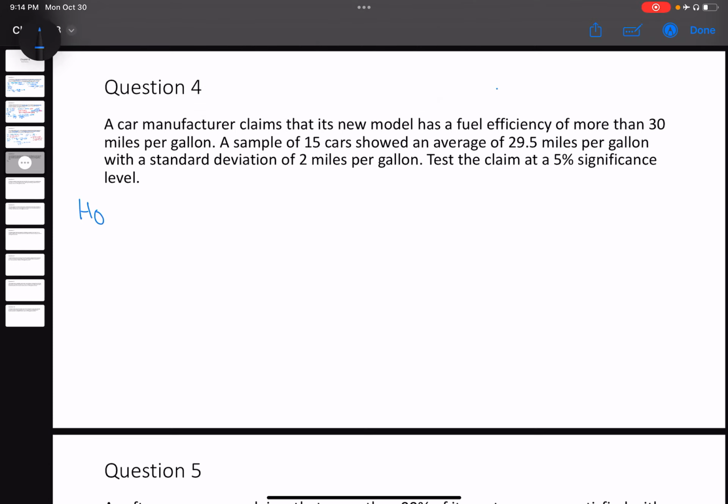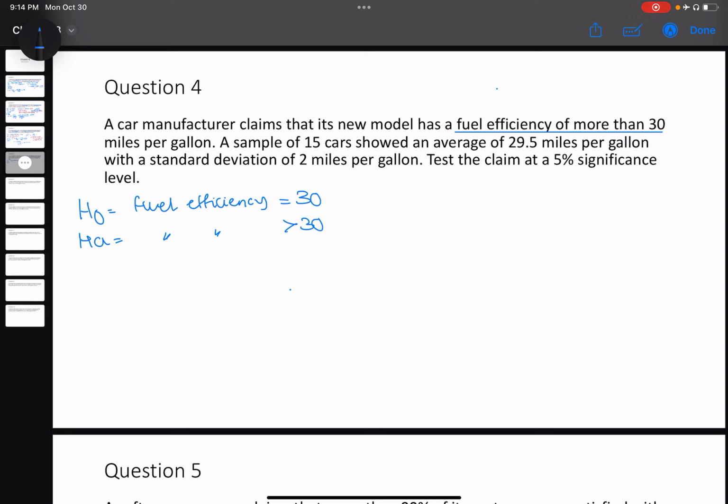Again, the null hypothesis would be fuel efficiency equals 30 miles per gallon, and the alternative is fuel efficiency more than 30.